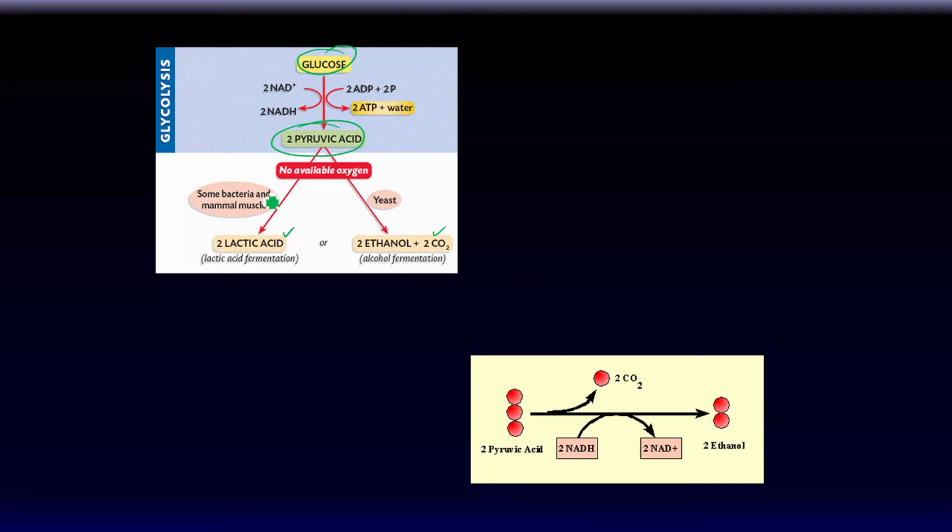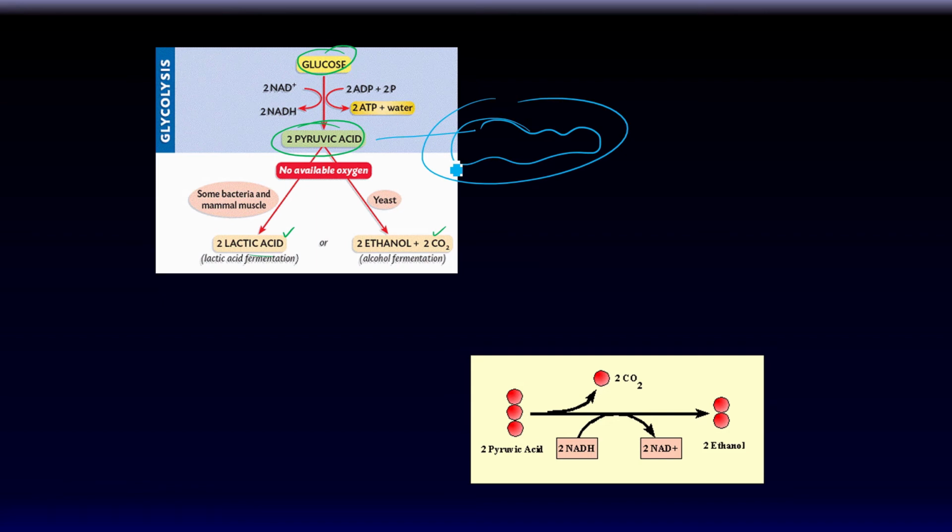Some bacteria and some mammals, like us, produce lactic acid when there's insufficient oxygen, because if you remember, glucose breakdown goes to the mitochondria, and this process requires oxygen. If there's not enough oxygen, for example, a very sick patient whose lungs are not working, their body does not have enough oxygen, so their Krebs cycle doesn't work.